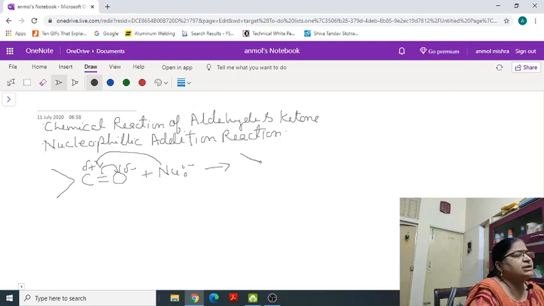As a result, the carbonyl carbon, which is sp2 hybridized, changes to sp3 hybridized and acquires tetrahedral structure.